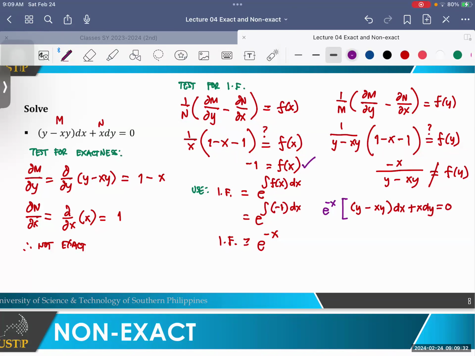Mao na to ang original differential equation. No? So what will happen? It will become, ato na i-distribute diretso class. If we distribute that, that will become y e to the negative x minus xy e to the negative x. So each term will have e to the negative x, plus x e to the negative x dy equals to 0.